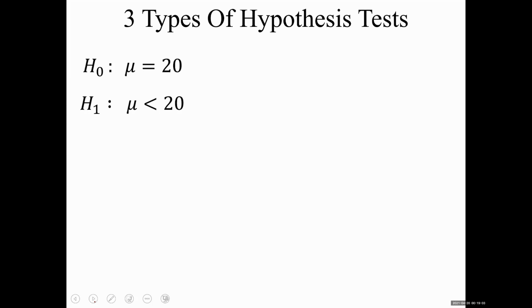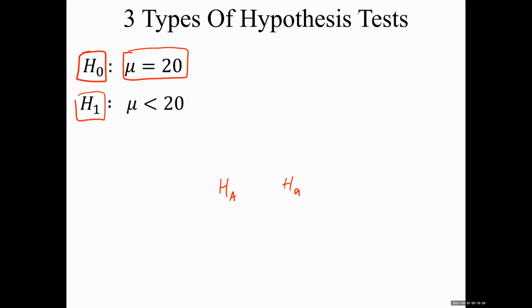Looks like this. H0 is basically the king's claim. They call this the null hypothesis. Null means 0. So H0 is the king's claim, and he's claiming mu is equal to 20. H1 is the peasant's claim. Some other books, instead of H1, call it HA, with a capital A or a lowercase a, for alternate hypothesis. So we have H0, null hypothesis, and alternate hypothesis.